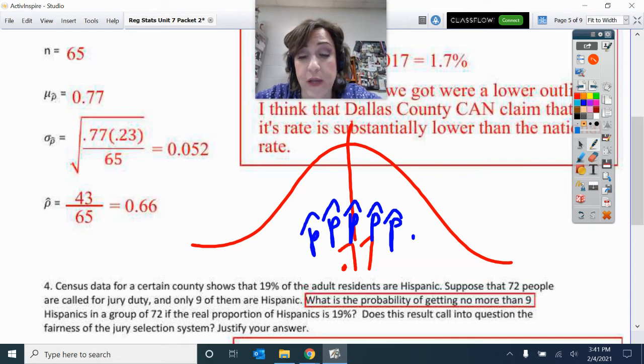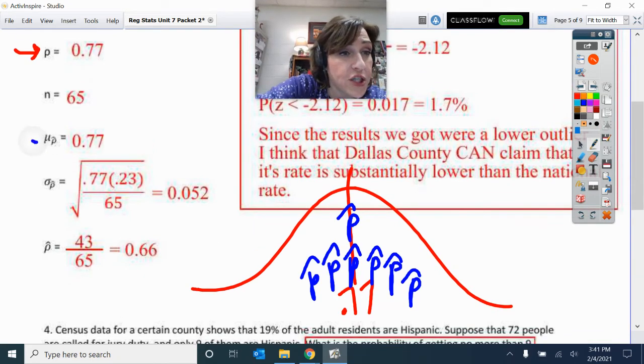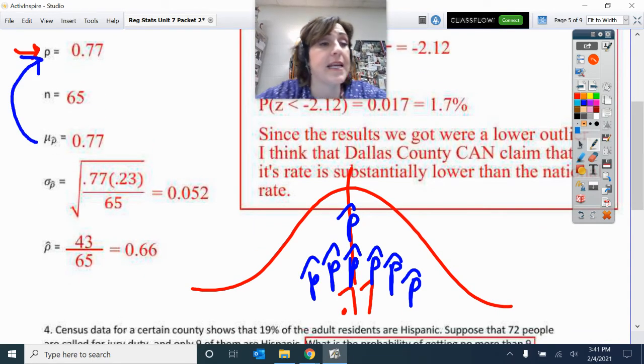Okay? So that's what we saw with our M&Ms and everything like that. So that is why the center of all of the p hats, we set it at the claim.